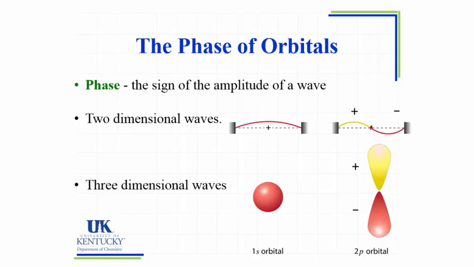Well, a 3-dimensional wave would have that very similar thing. So when you've got these multi-lobes, you might see pictures in the future in which you see multicolors. Those signs may come into play when we start bringing orbitals together to make bonds between atoms. But for now, just know that they do have those signs associated with them, and we don't need to really worry about those signs at this time.